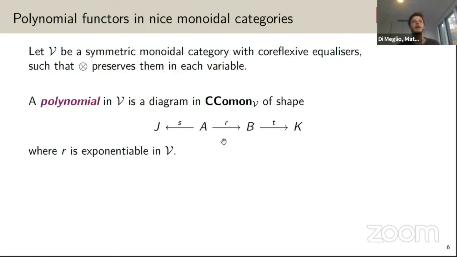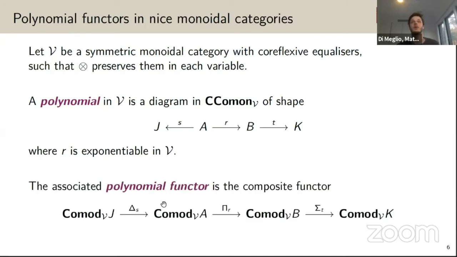Here I'm defining exponentiability in V to mean that the co-induction functor along R has a right adjoint, so that then it makes sense to talk about this composite functor here between the co-module categories. So first co-induction along S, then this index product, which exists by the assumption, and then doing this co-restriction along T. So this is the associated polynomial functor.